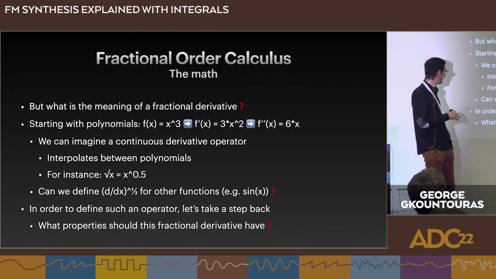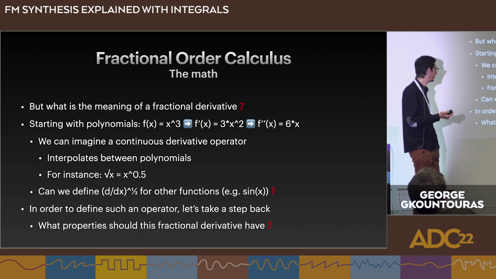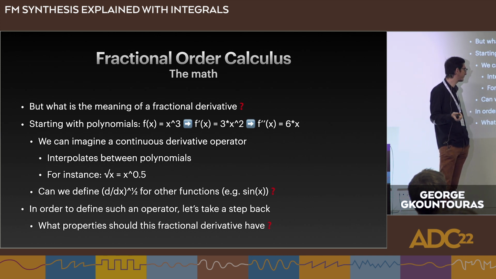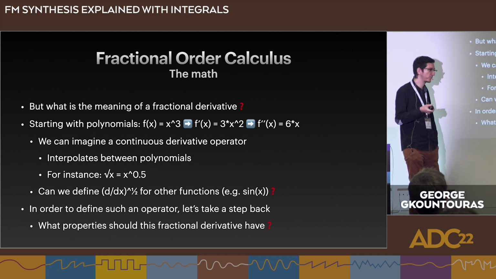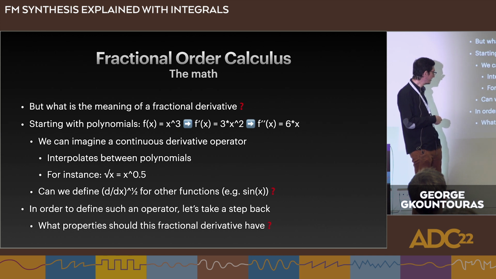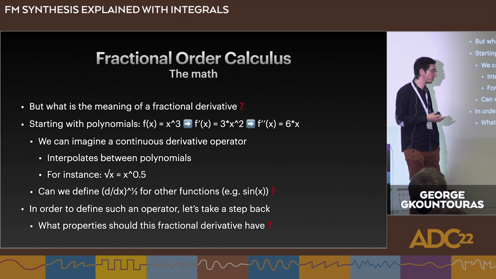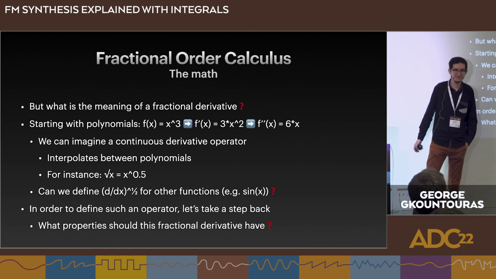The challenge comes when we try to apply this to different non-polynomial functions, for example, sine waves, or exponentials, or any other function, really. So in order to define this operator, we need to take a step back and look at what this fractional derivative should have.